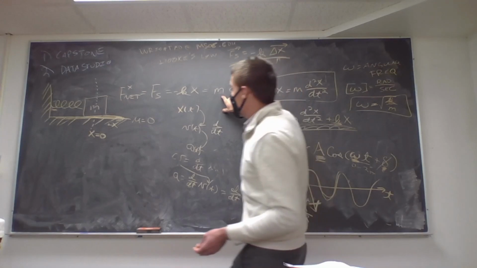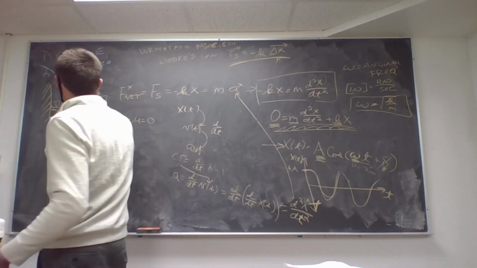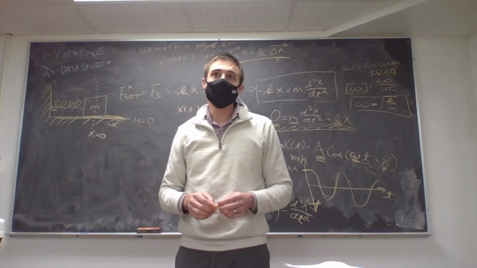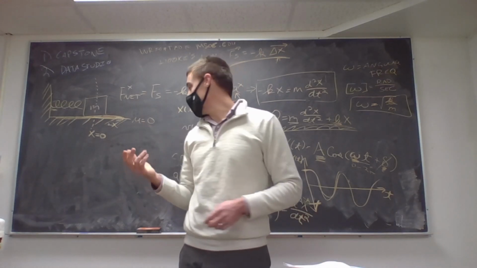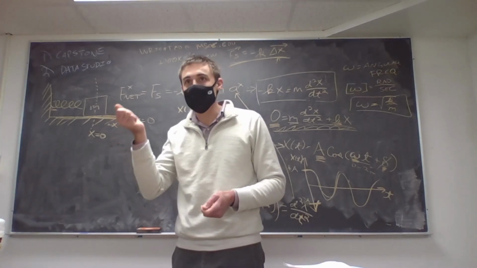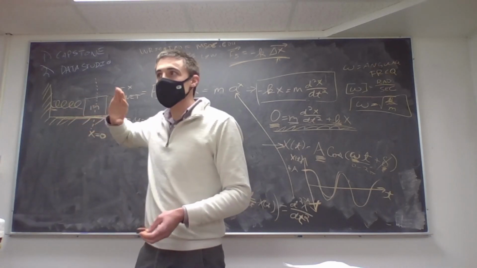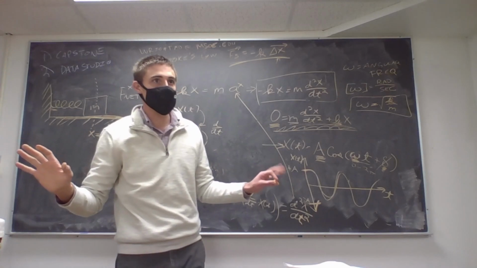It's going to take the same amount of time for it to get from one amplitude back to where it started. The speed at which this oscillation happens is independent of the amplitude, right? Of course, the actual velocity itself will be larger, but the amount of time it takes to undergo one full oscillation is going to be completely the same.